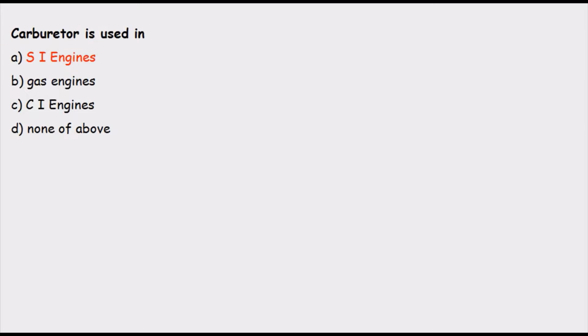For supplying this pre-prepared homogeneous mixture, we require a device which is the carburetor. So carburetor is used in SI engine, not in a gas engine or CI engine. Therefore the correct answer is A, SI engine.